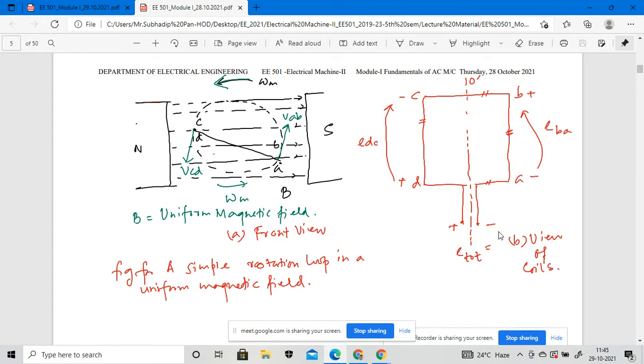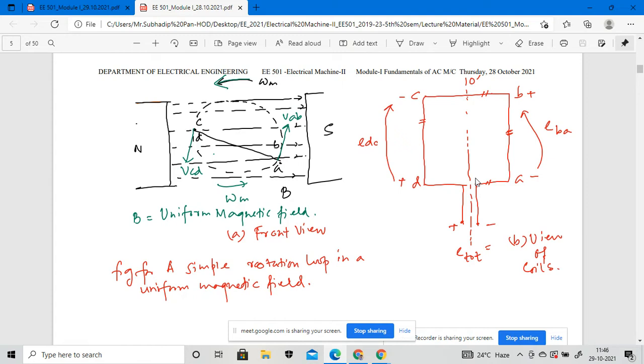This is the view of the coils, where coil sides AB and CD are perpendicular to each other, and the portions BC and DA are parallel to the plane of the page.